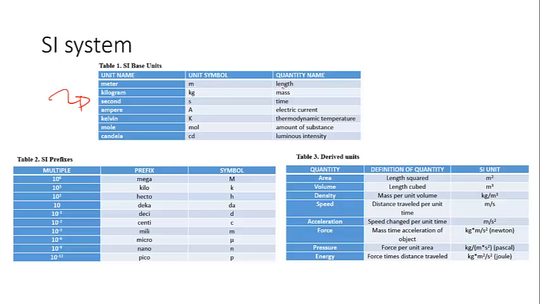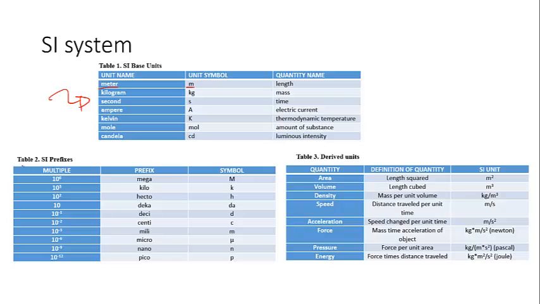So for instance, for length, the SI base unit for length is the meter, and the unit symbol is m. So please do yourself a favor and memorize the SI base units. Next, we have SI prefixes. And the prefixes are added to the base unit to produce a multiple of the original unit.